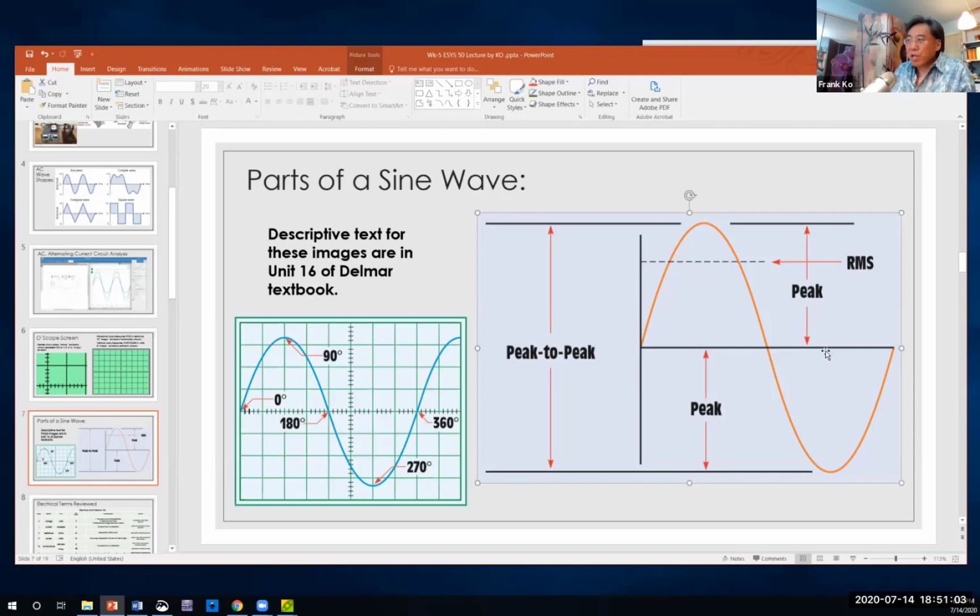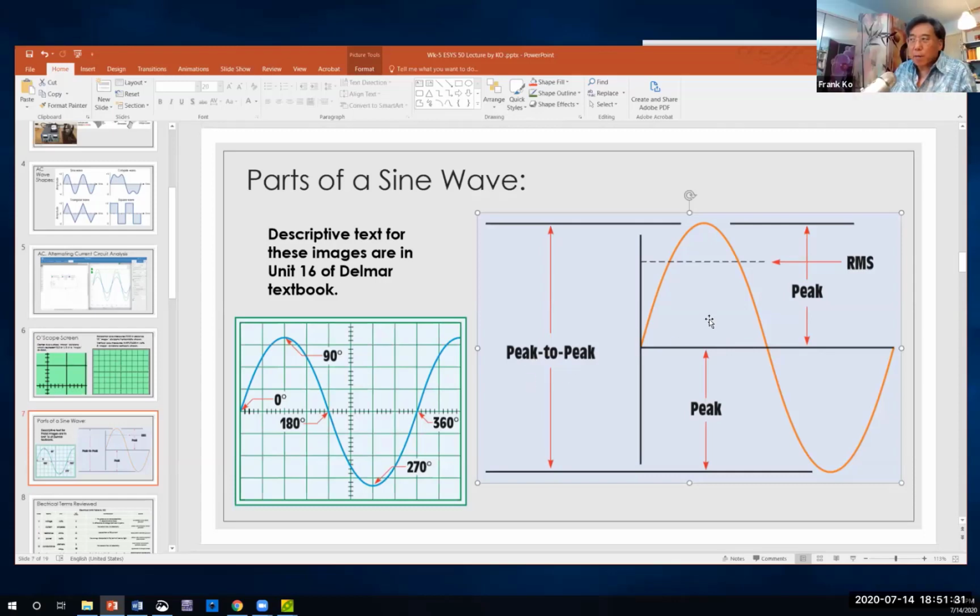And I also say that from the 0 line to the bottom of the negative half cycle is negative 7 volts peak. Then what is my difference between the very top of the positive peak to the very bottom of the negative peak? What is my volts peak to peak? Anybody? 14. We would call that out as 14 volts peak to peak.